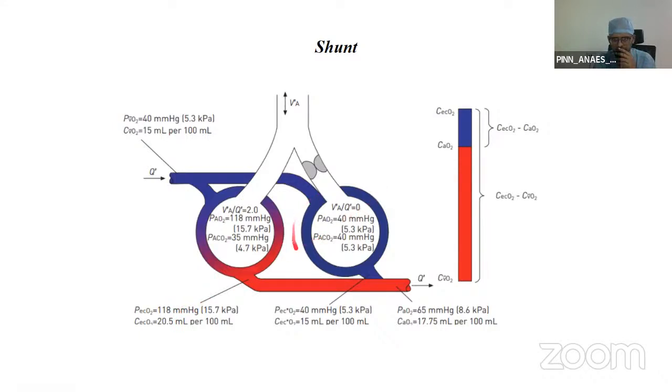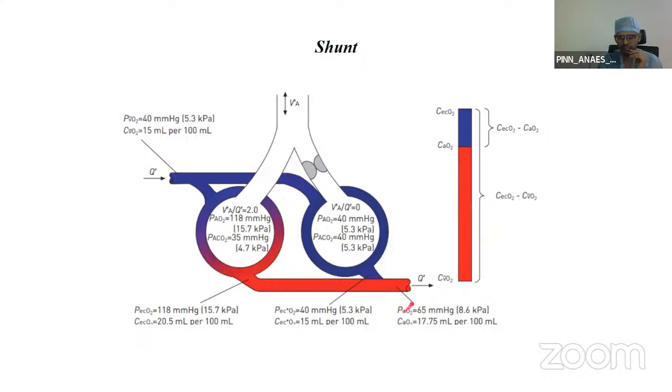On the right, we have a unit with no ventilation because there is an obstruction, or in case of ARDS, the alveolus might get filled with fluid. But the perfusion is there, and since there is no ventilation, the VQ ratio is equal to 0. So again, the end capillary PO2 or oxygen content of this unit is similar to the mixed venous blood.